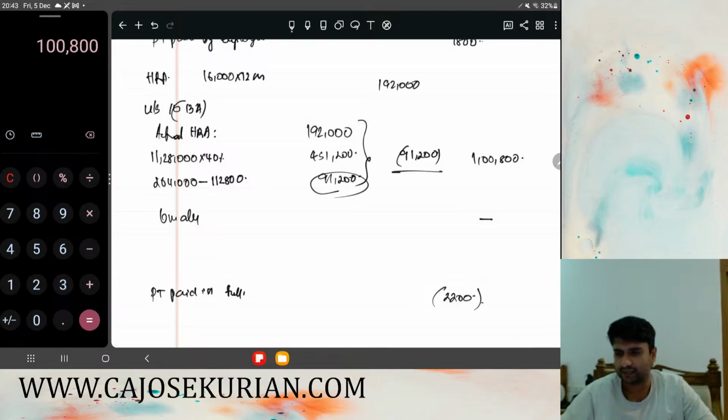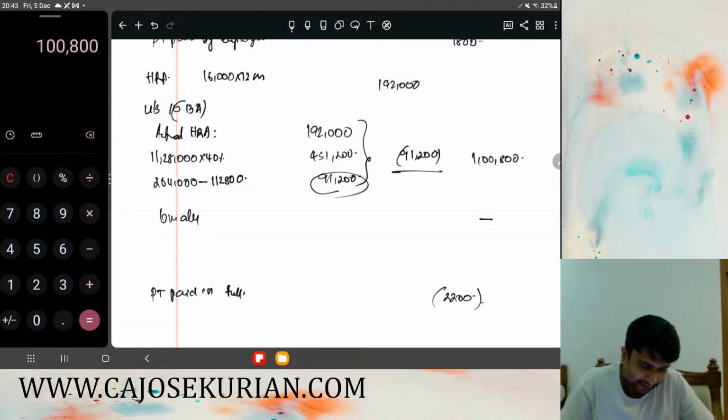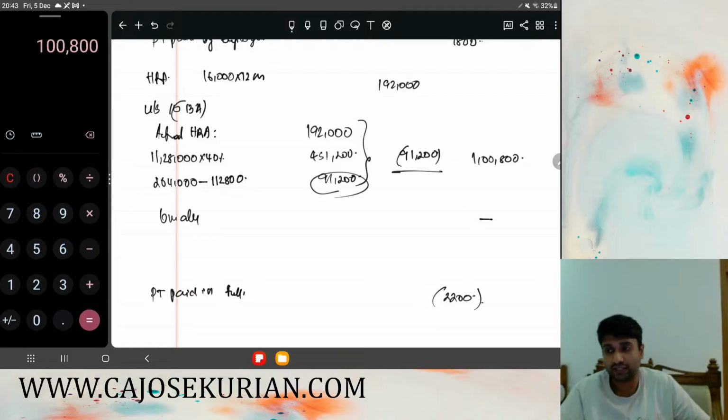Then what is next? A loan of 2 lakh was taken from the employer on 1/7/2024 for medical treatment of his brother for TB. TB is a prescribed disease. So if you have taken a concessional loan for treatment of prescribed diseases, then nothing shall be taxable as perquisite.